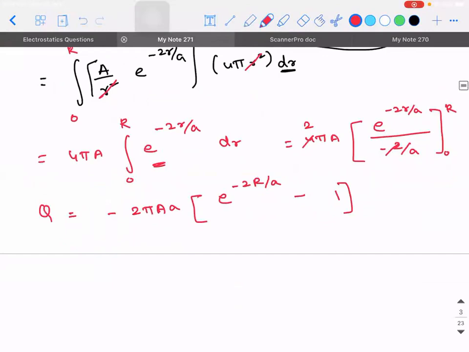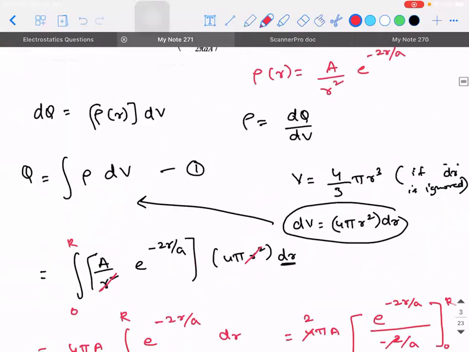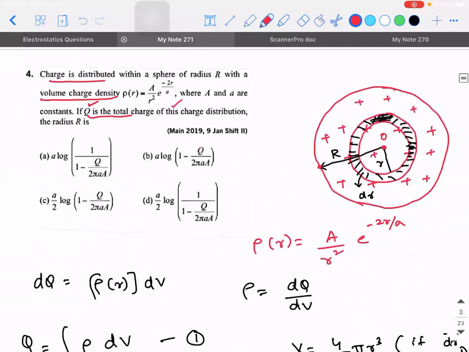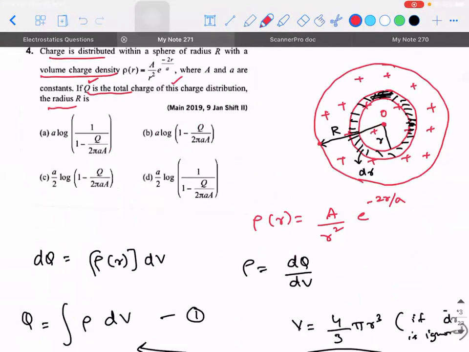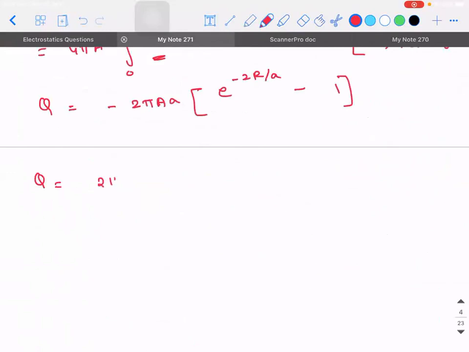So this is the value of q, but what are they asking? If the q is the total charge of this distribution, then the value of capital R is how much? So for that, observe guys, it's not over. 2 pi small a into capital A into 1 minus e power minus 2R by a. Accepted.